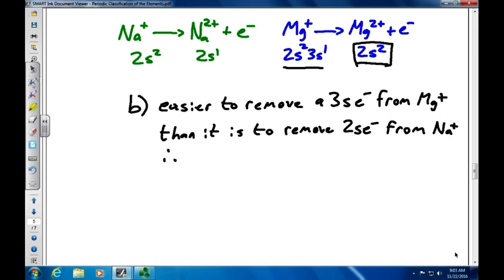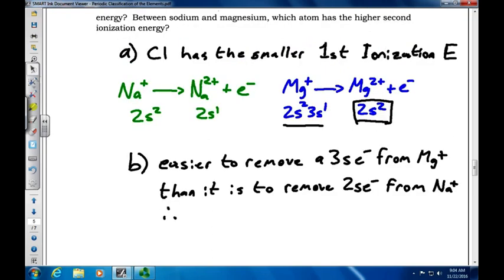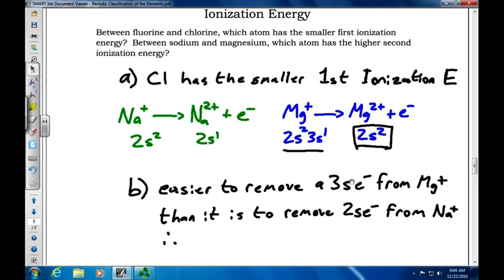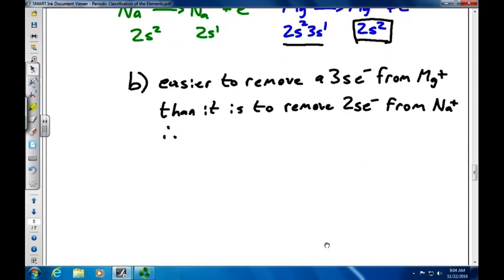Therefore, if we come back to our question, which atom has the higher second ionization energy?